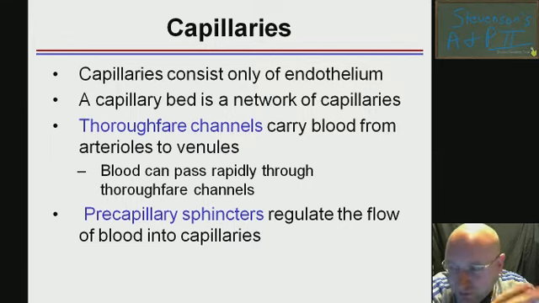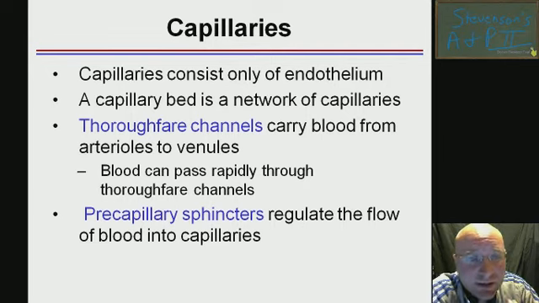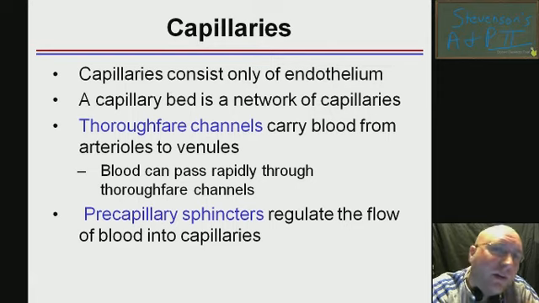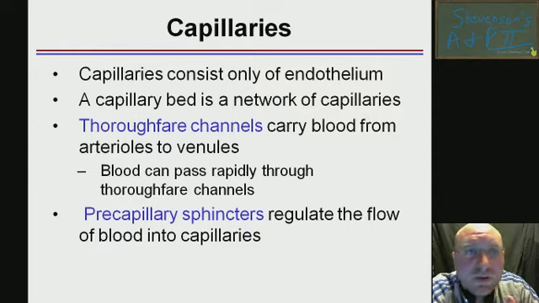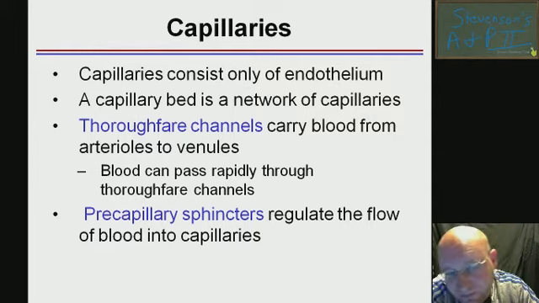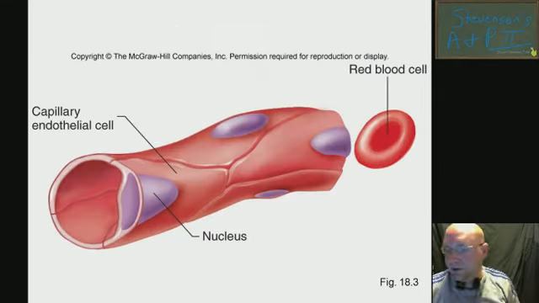These capillaries have what's called a precapillary sphincter that helps regulate the blood flow into the capillaries. If these are open, blood's going to flow. If these sphincters are closed, then it's going to limit the amount of blood that can flow in that direction. So basically it doesn't accept blood coming in very well.